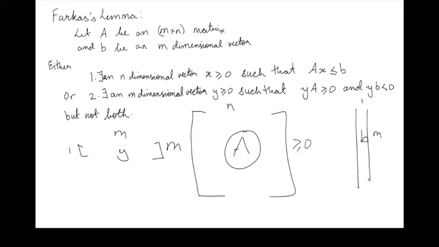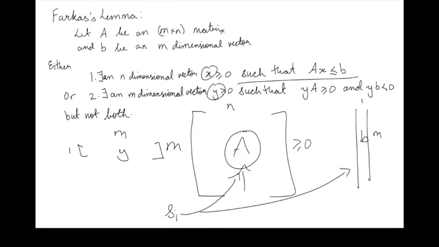I'm sure at this point you're wondering what you've gotten yourself into, and you're thinking, where's the game theory here? But I'm going to show you how we can use this lemma to prove our result. Given some SI, we're going to construct an A and a B, and once we have the A and the B, either we have an X or we have a Y that satisfy these conditions.